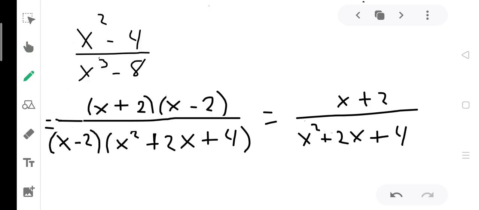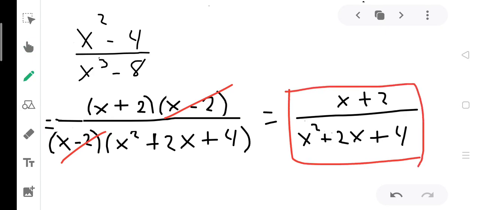What remains in the numerator is x plus 2, and in the denominator we have x squared plus 2x plus 4. So this is our simplified form: x plus 2 all over x squared plus 2x plus 4.